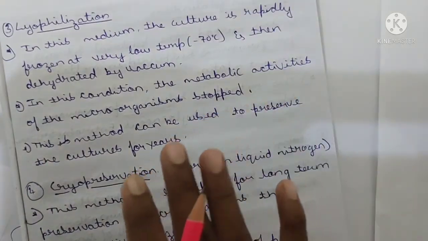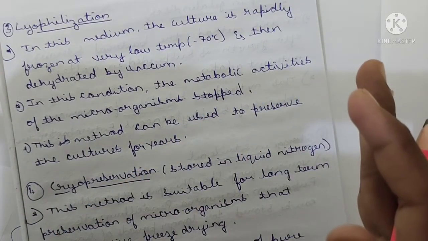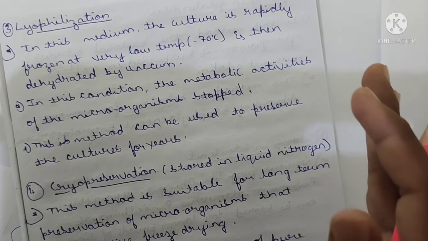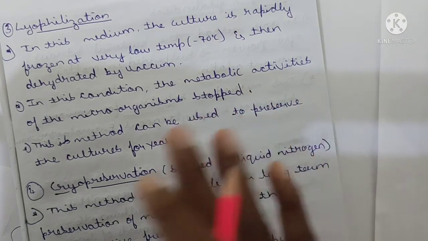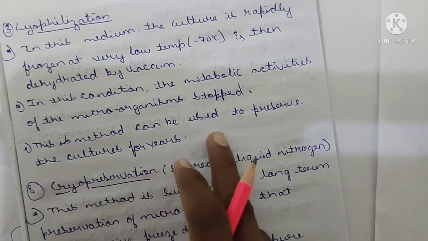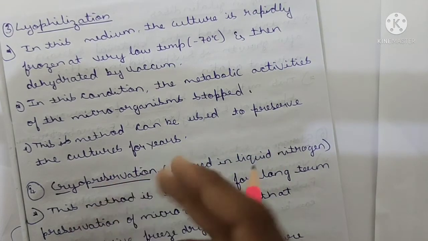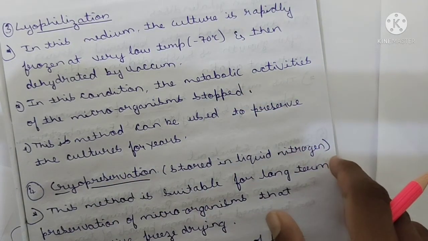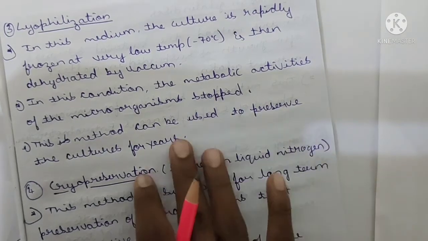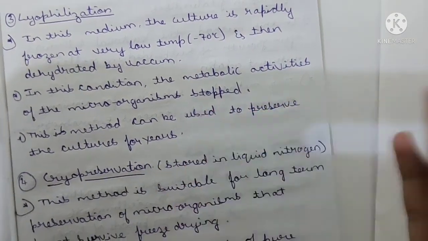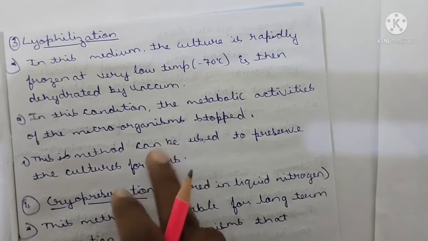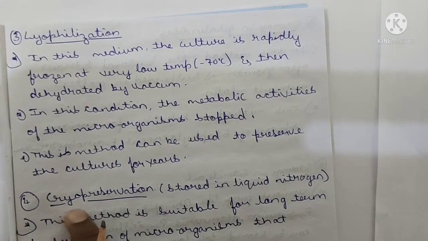It is a long-keeping method, meaning the duration of this method is long. This method can be used to preserve the culture for years, 2 years, 5 years, 10 years. We can preserve any type of microorganism for years. That is lyophilization.